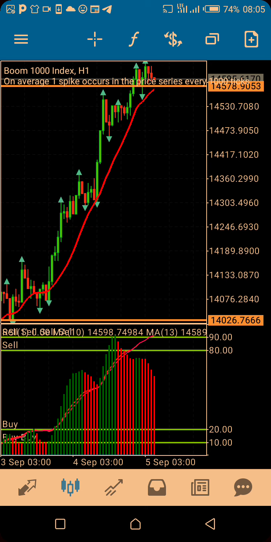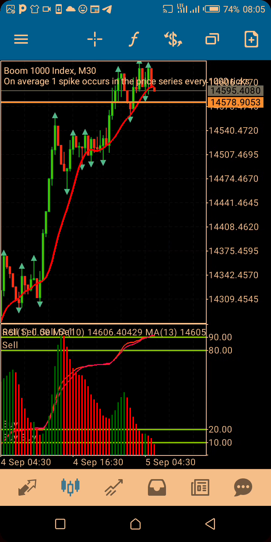Those are some that I'll consider. So if I want to identify a good sell or a good buy, I'll go to M30. It is very important that you use M30 as well as M15 to get the confirmation in M1.